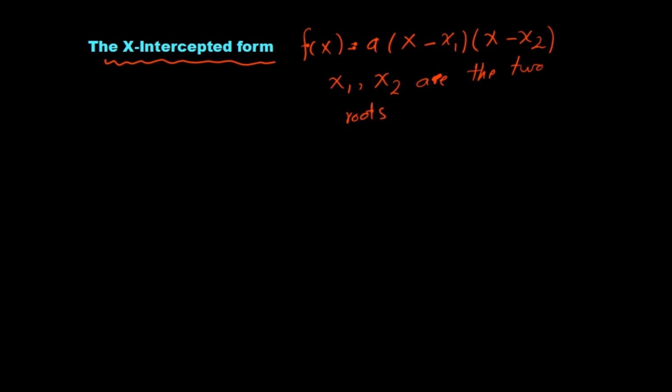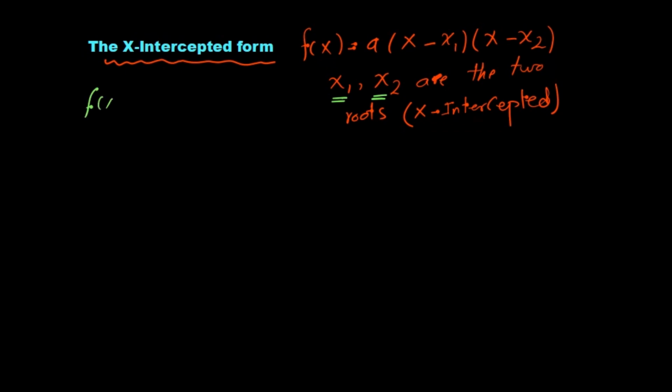The name now is x-intercept form. If you graph this function, the curve will intersect the x-axis at the two points x1 and x2.